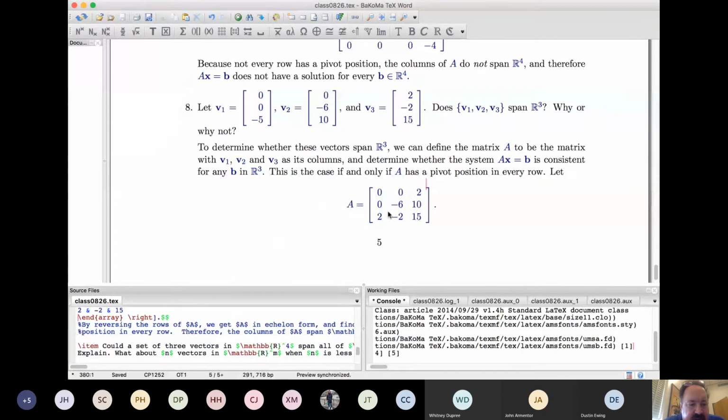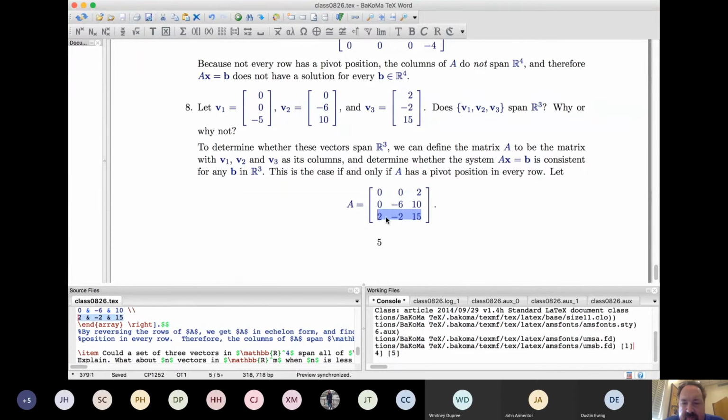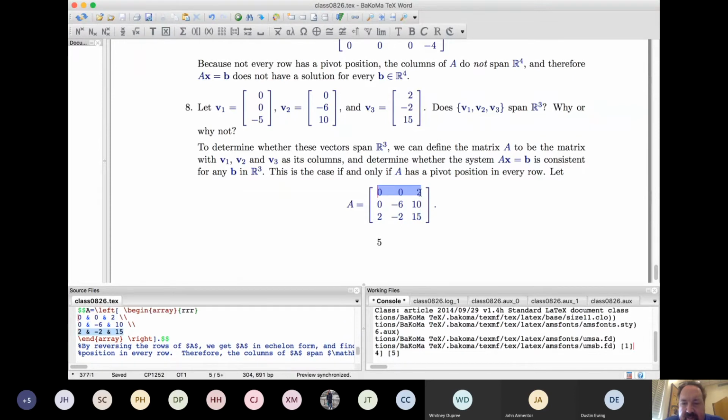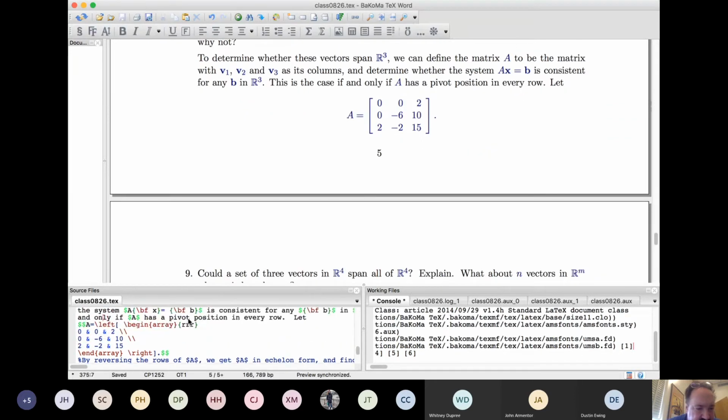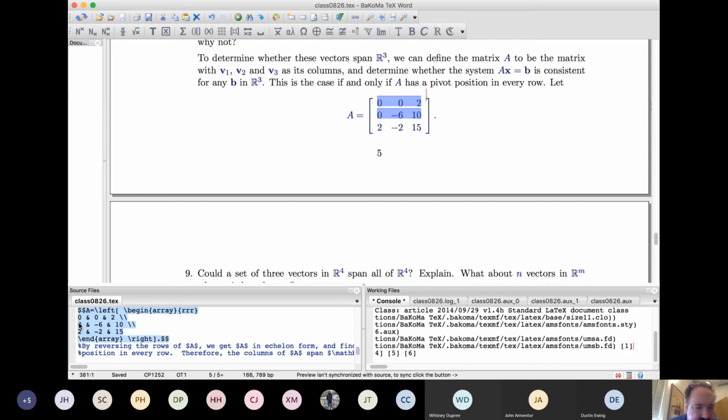Here's what we can do. Instead of performing the usual row operations, we can actually interchange rows. So if I were to swap the first row and the last, let's make a copy of this and do that.